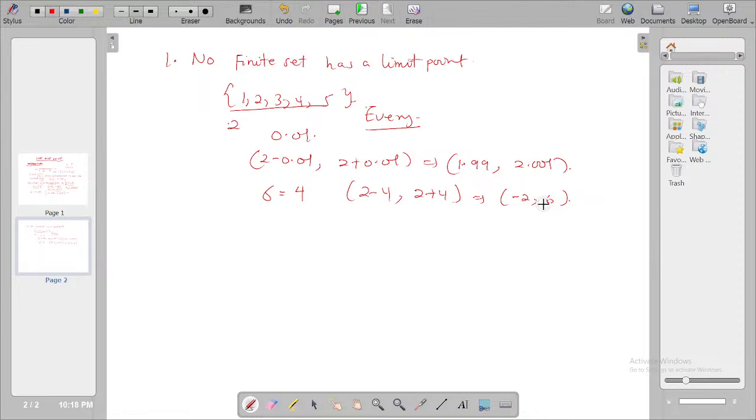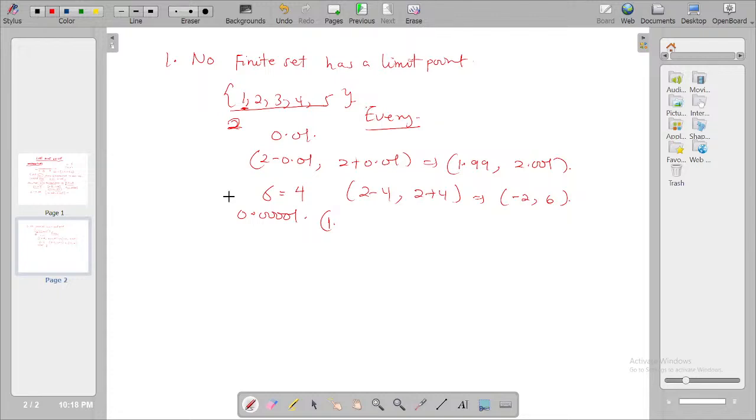For this one you have some members here, but choosing a very small delta, let's say 0.00001, when I choose 2 as a limit point, I'm going to have an interval like 1.99999 something. The reason why we say every finite set has no limit point is that this set is discrete, so the interval may not contain any of its members. This was a guess example, so we're going to tackle a nicer one for you to understand.